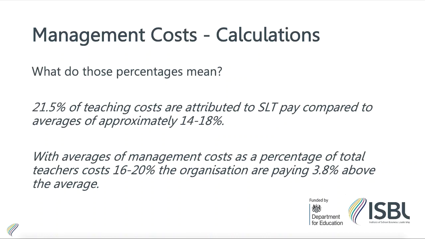Is there a specific reason? Is the organisation getting value for money from their structure? And the same reasoning can be applied to those high management costs. But also, does the organisation have too many TLRs? Is the management structure too expensive? Again, the context must also be considered.